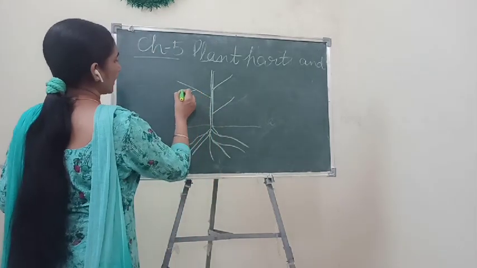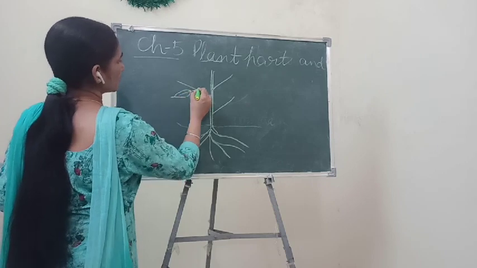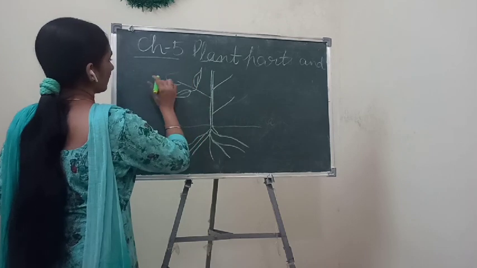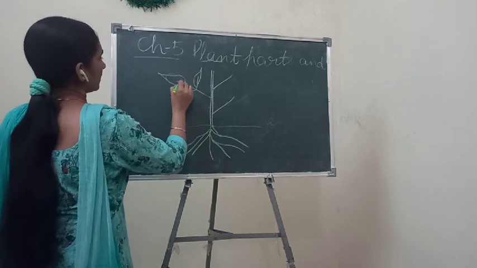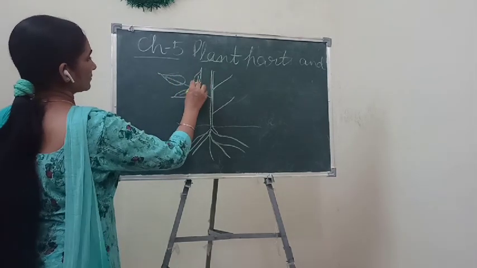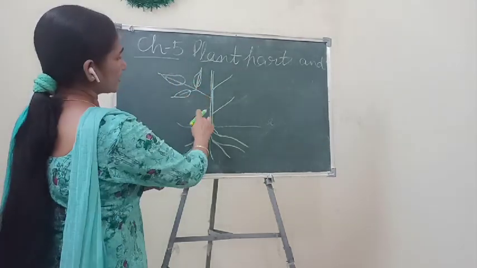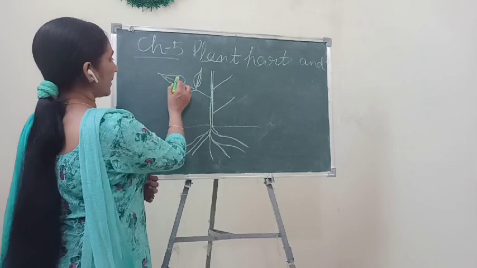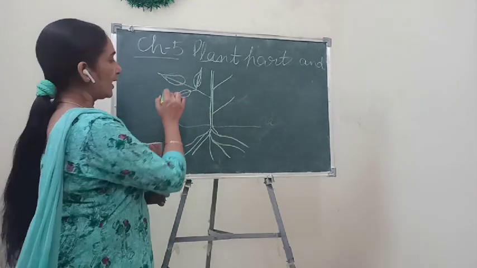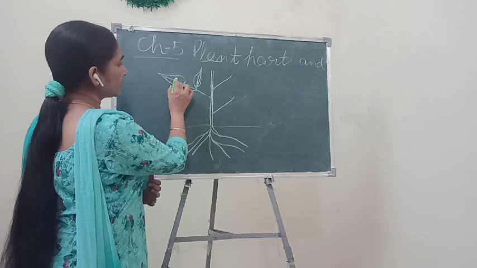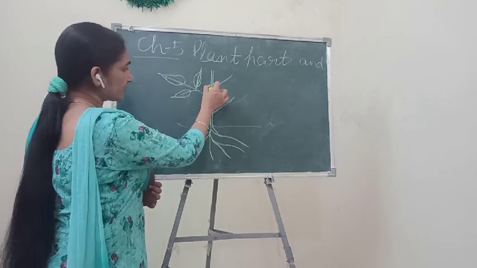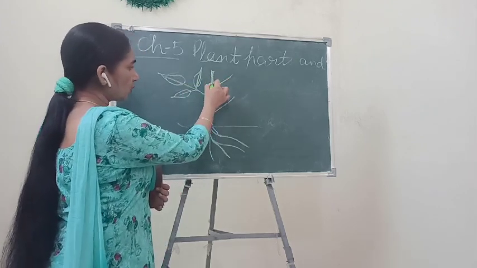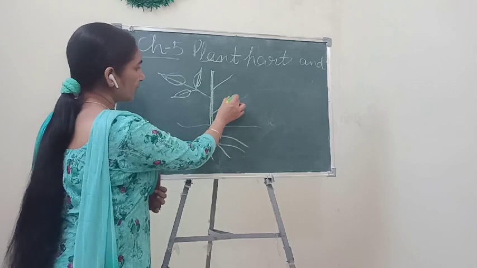Okay, and here are the leaves also. In the same way branches are there. So what will happen if the food is prepared by this leaf or this leaf, then food is transported from the leaves to this part, and this part is the stem part, and from the leaves it is transported through the stem part to the other branches also.